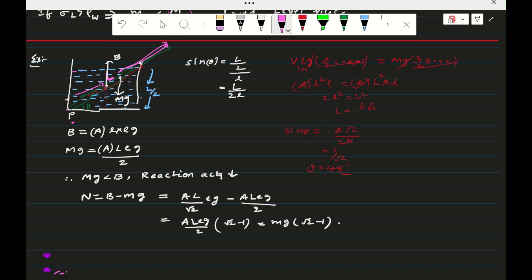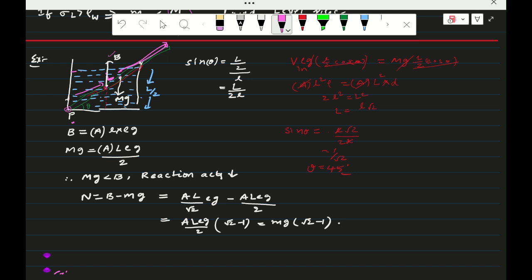First step is you have to apply the torque equation for equilibrium. Because I don't know how much force is acting at P, and I know the buoyancy value and mg value, that's why I am going to apply the torque equilibrium equation about the point P, because I don't know the value of P.